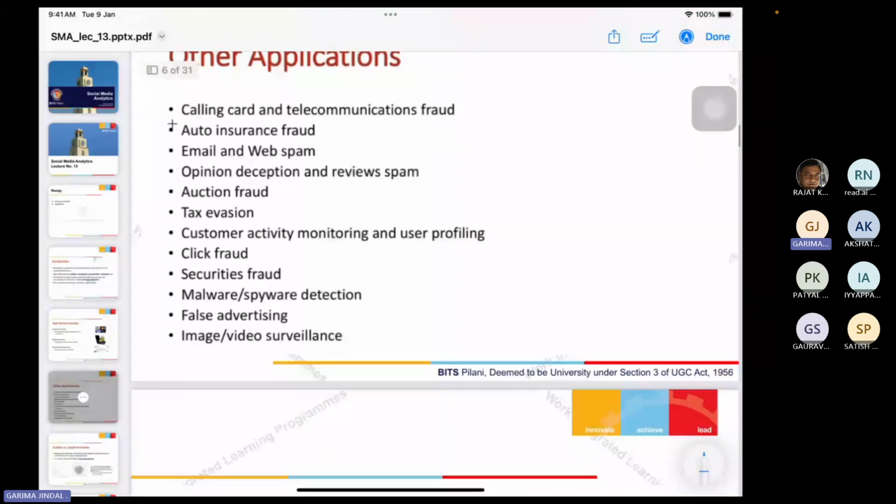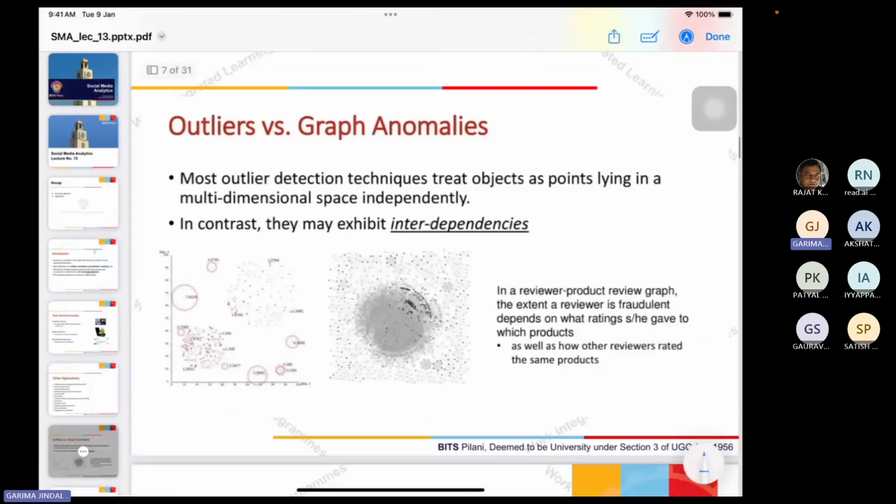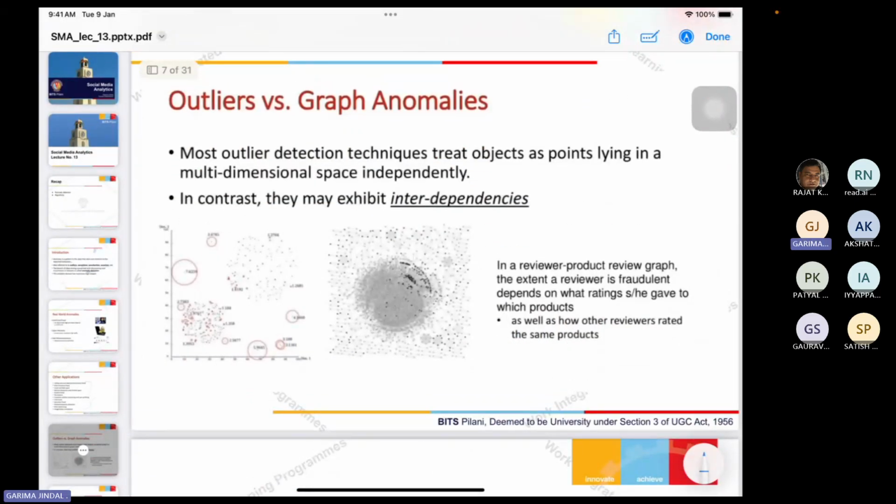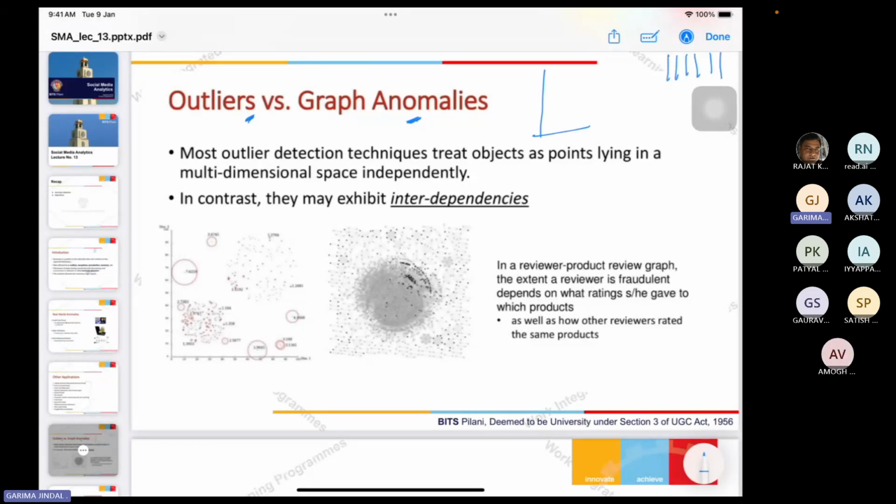These were the different applications that we have already seen in our last class. And then we discussed the difference between outliers and graph anomalies. You know that in data mining, we have the definition of outliers. So how does it happen in data mining? We have these points and these points might have a huge number of attributes, so this can be high dimensional data.